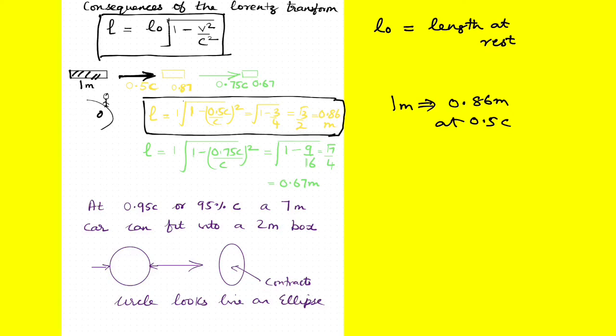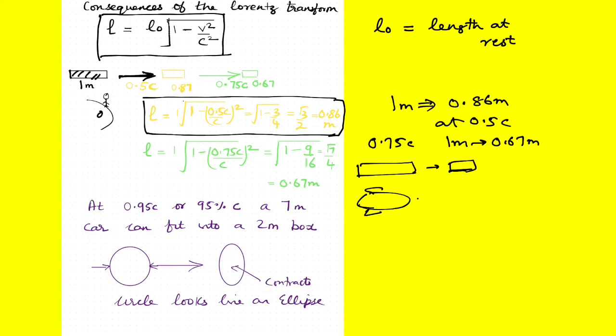Now suppose we increase the speed to 0.75 c, that means 75% of the speed of light. The 1 meter rod now, as you can see, becomes 0.67 meter. So a rod of this size will appear to be a rod of this size. Similarly, imagine that you are seeing a spacecraft of about 200 feet.